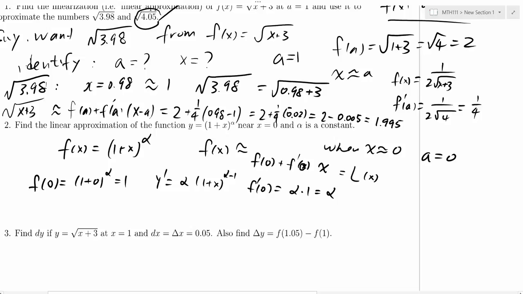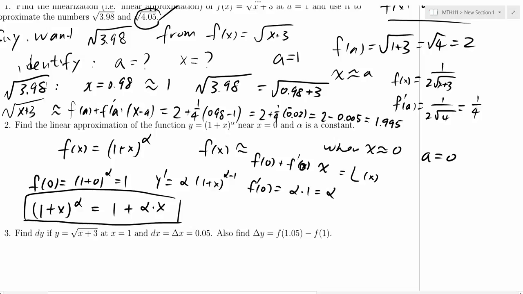So the linear approximation we have is the following: 1 plus x to the power alpha is approximately 1 plus alpha times x. That's a very useful formula to have because it's true for all alpha, with no exception. Alpha is a constant, and this is true for all alpha.